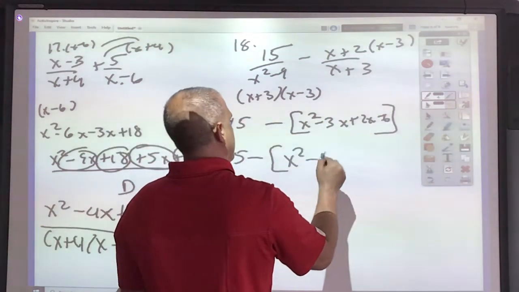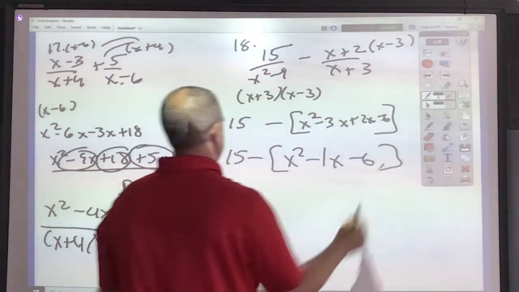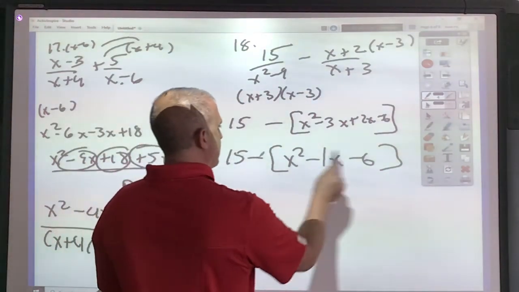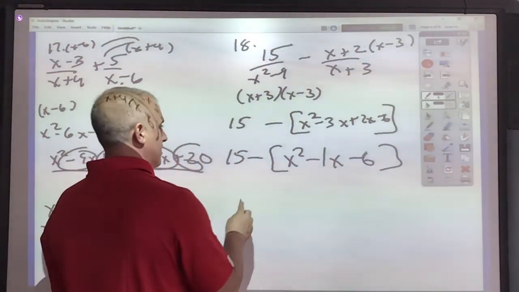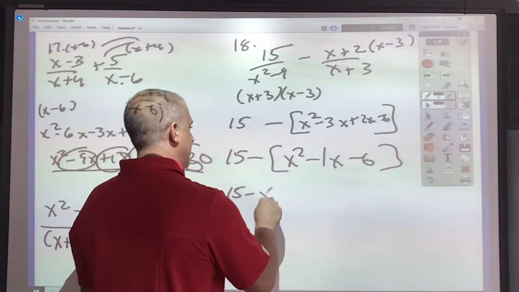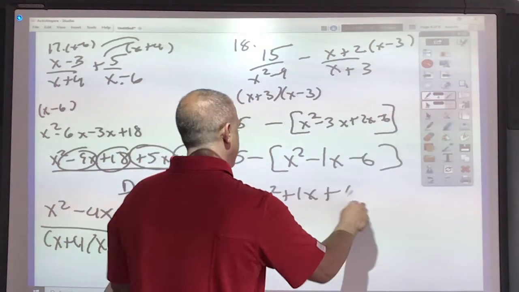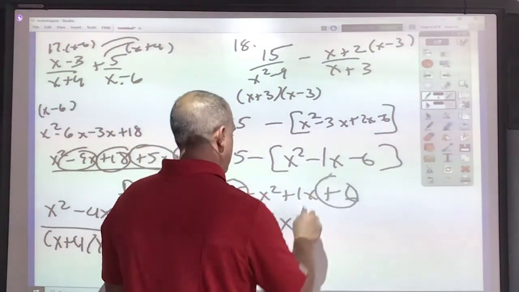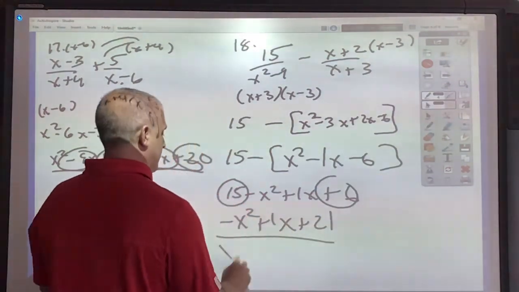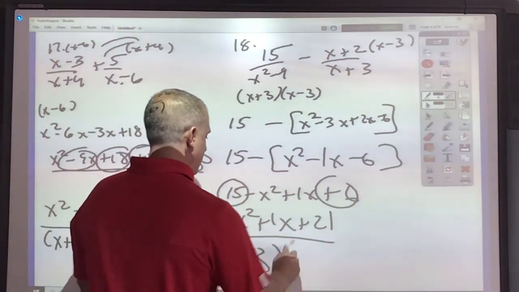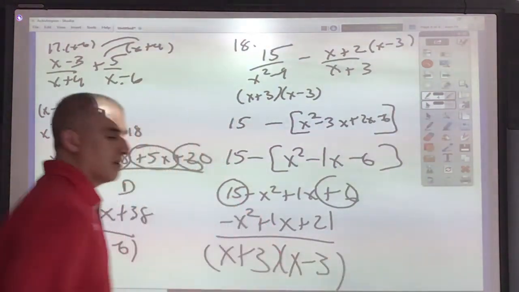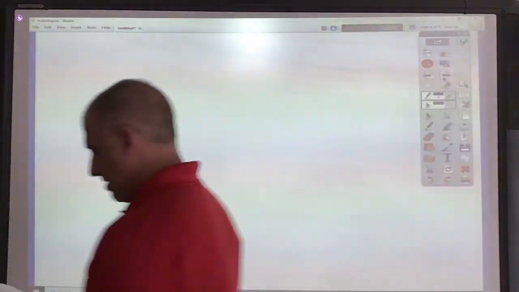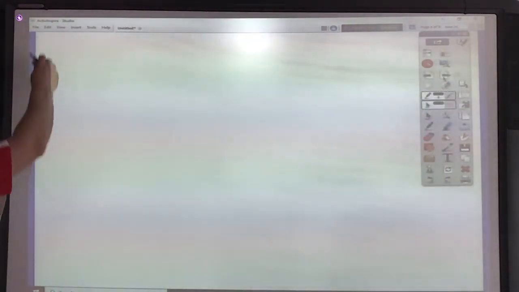So I got x squared minus 1x minus 6. All right, so I got 15 minus that. So actually this is 15 minus x squared plus 1x plus 6. So I got -x squared plus 1x. These would combine to 21 all over x plus 3, x minus 3. All right, moving on. 19.